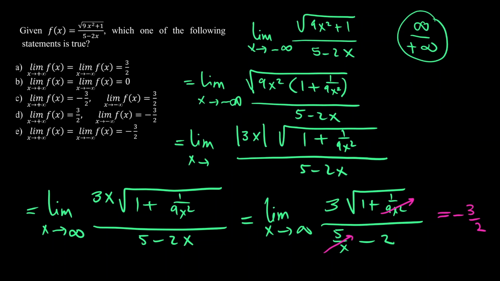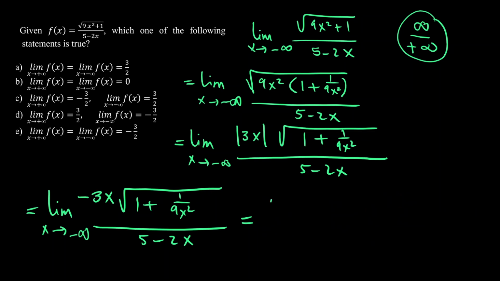Now for the absolute value I will need a minus sign here, so that's very important because x is negative now, and minus 3x is the actual value for the absolute value of 3x.